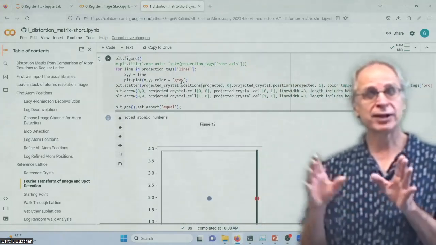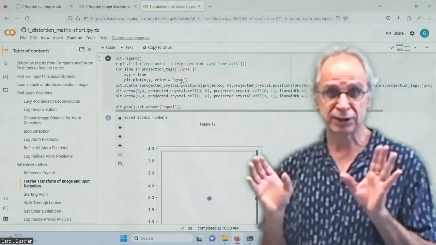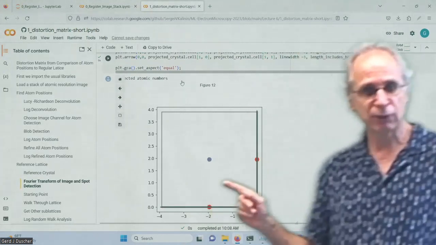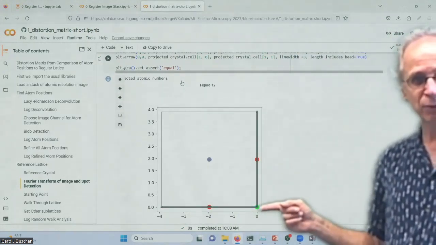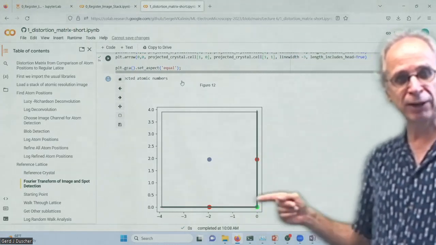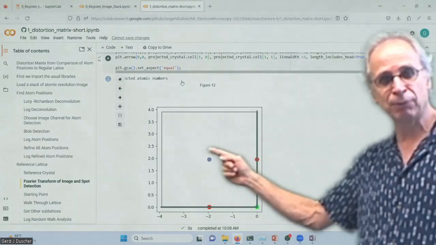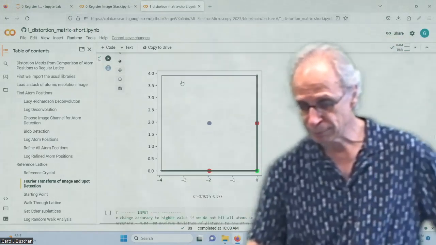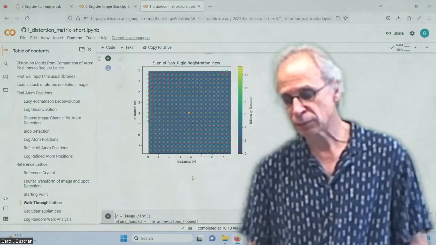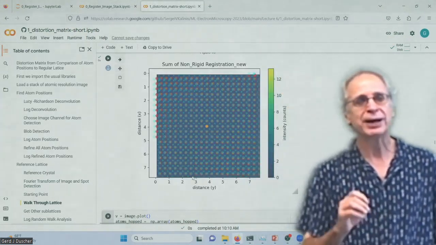So obviously it could be optimized with machine learning. These things could be learned, right? And so again, we hop now through our atoms in steps of unit cells. We get our origin, and if we have the origin, we know where the other positions should be. Okay. And I do one more thing.